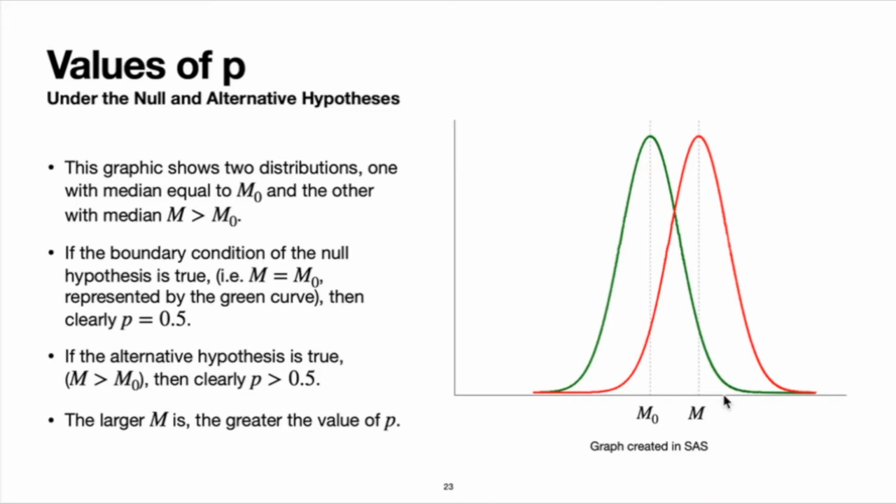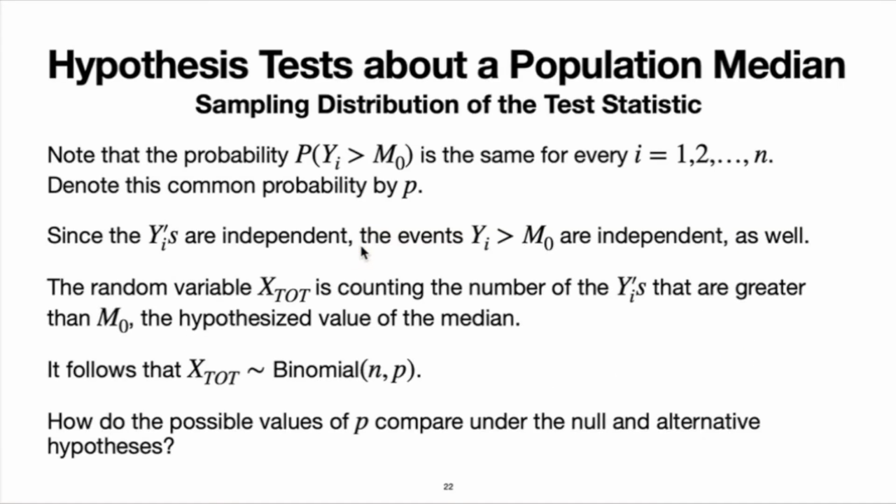So we've got two distributions. One has a median equal to cap M sub 0. That's the green curve. The red PDF has a median that is consistent with the alternative hypothesis that cap M is greater than cap M sub 0. Let me go back a few slides to refresh our memories.